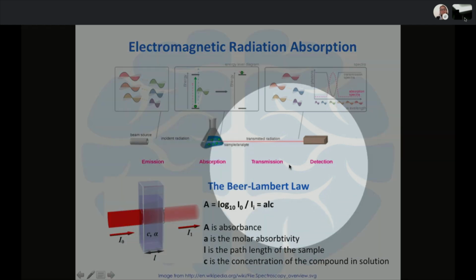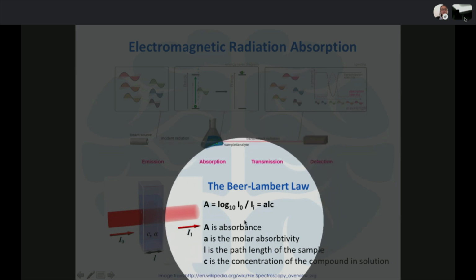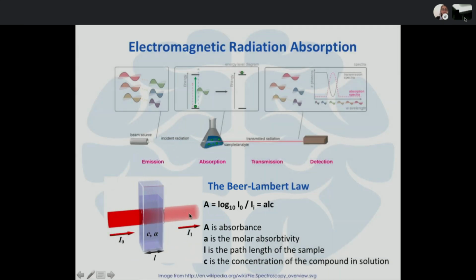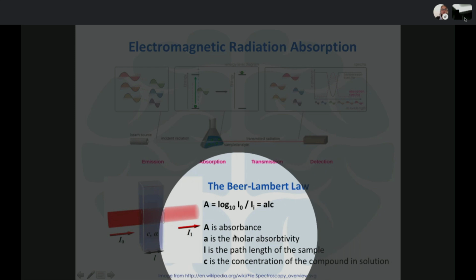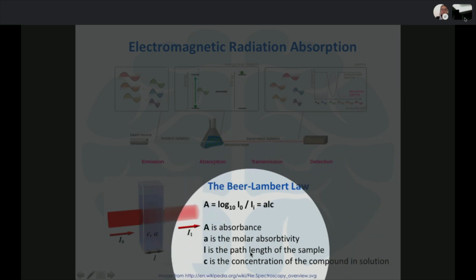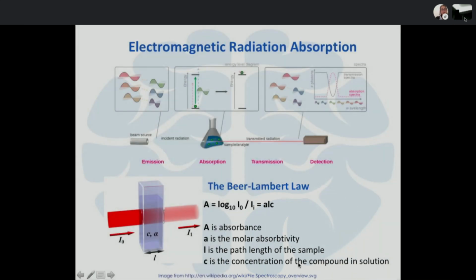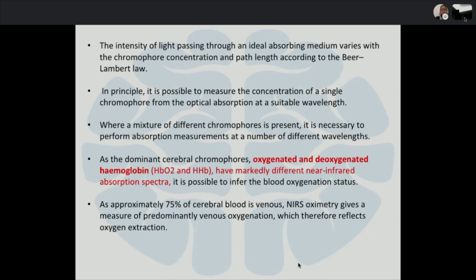It's based on the Beer-Lambert law, according to which the absorbance of the wavelength is directly proportional to the molar absorptivity, to the path length of the sample, and we'll discuss it in a second, and the concentration of the pigment in the solution where we send our incident radiation. So theoretically, we can measure the concentration of a single chromophore or of two different chromophores.